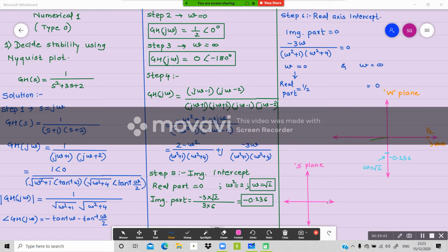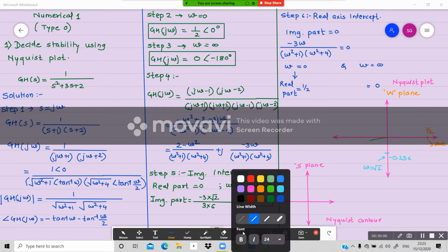And I am talking about, this is your Nyquist contour. W plane means this is your Nyquist plot, and every point from the Nyquist contour you are trying to map it on Nyquist plot, right?